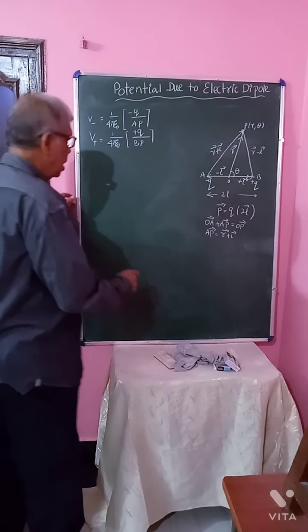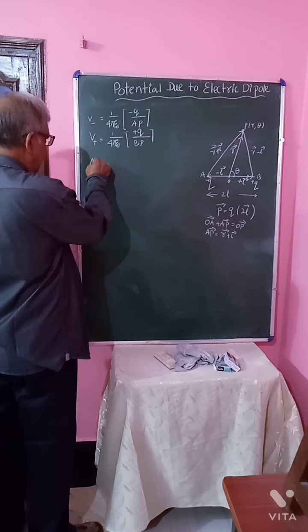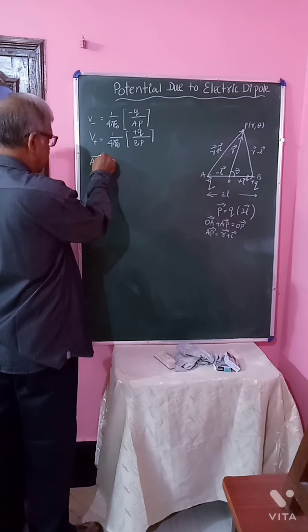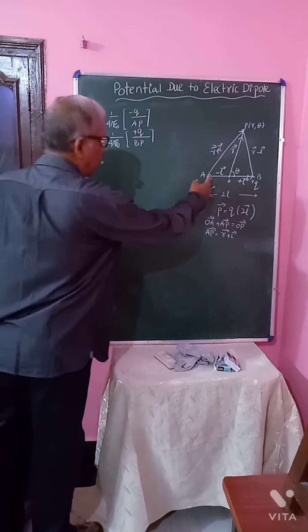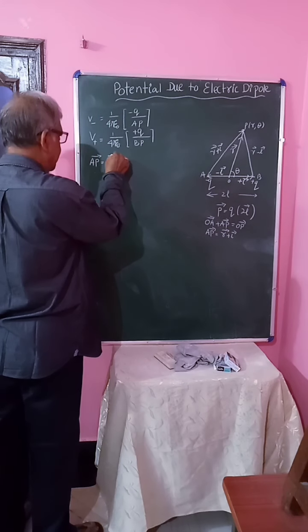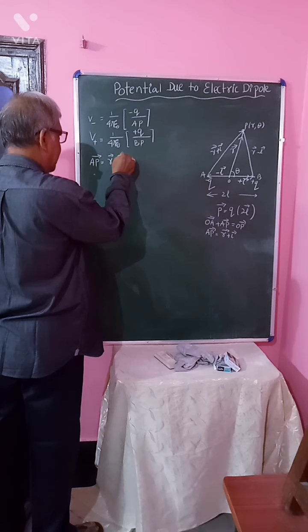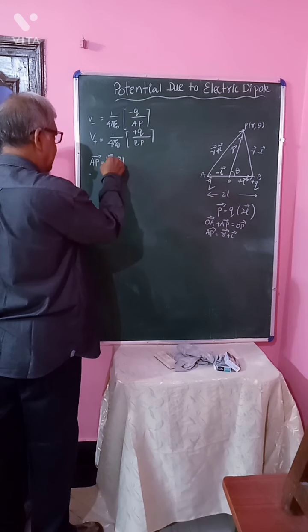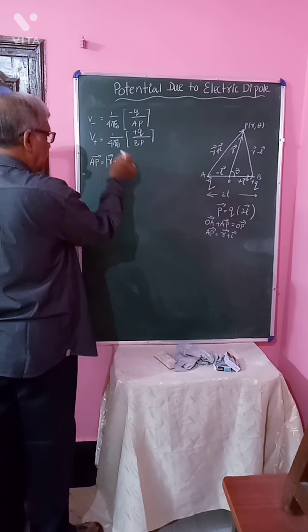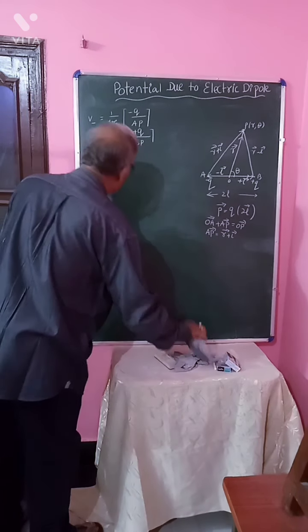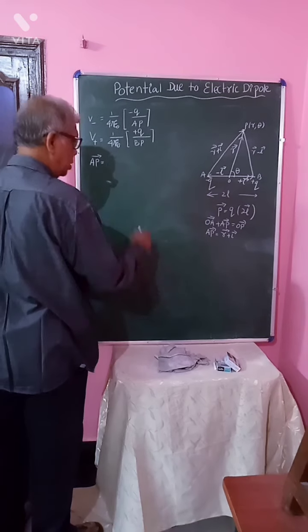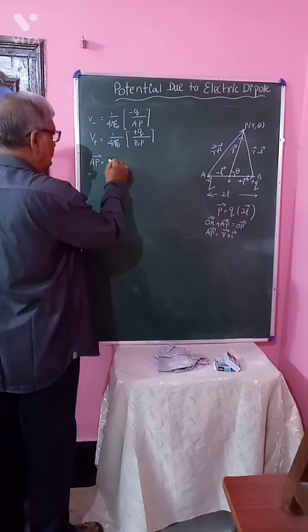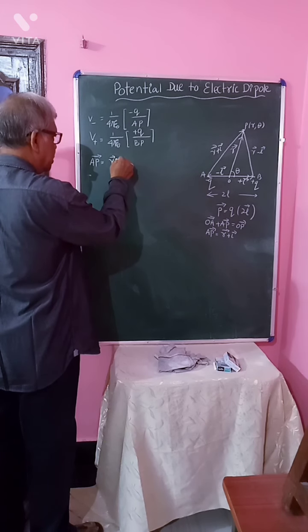So the AP vector equals r vector plus L vector.